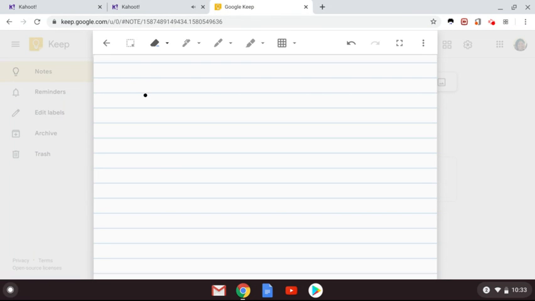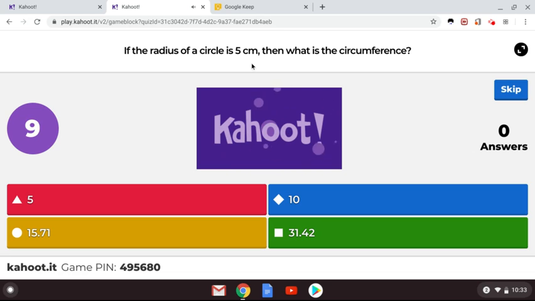So the circumference is equal to 2 pi r. 2 times 5 is 10, 10 times pi, about 31.